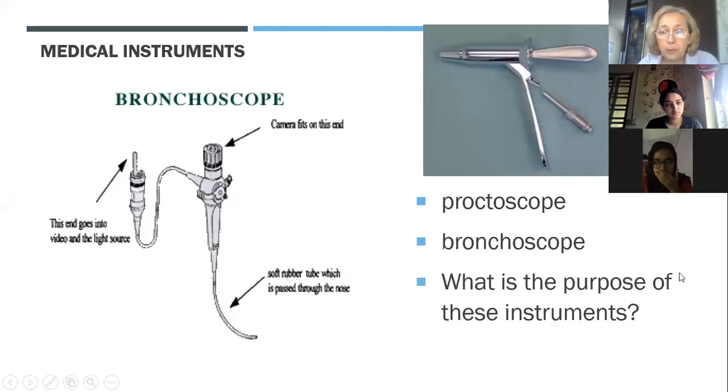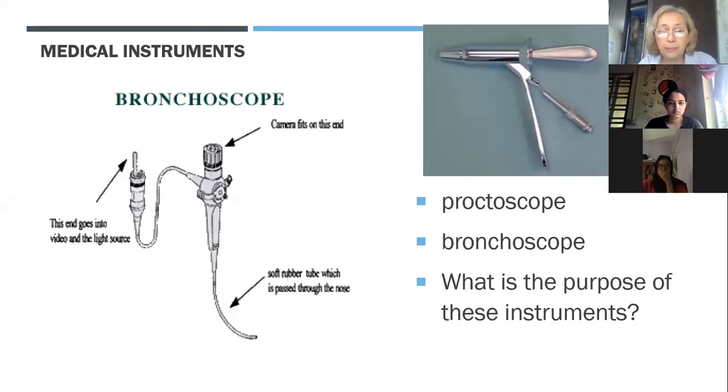What is the purpose of these instruments? So you see, the scope means scopy, the process, the act of examining. Yes, and these are the instruments that examine something.